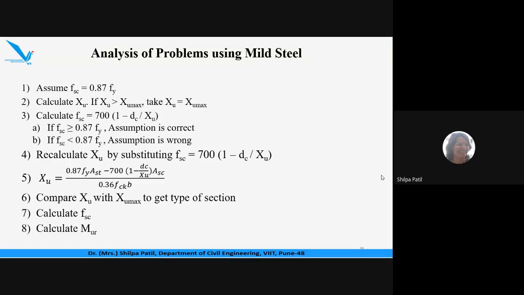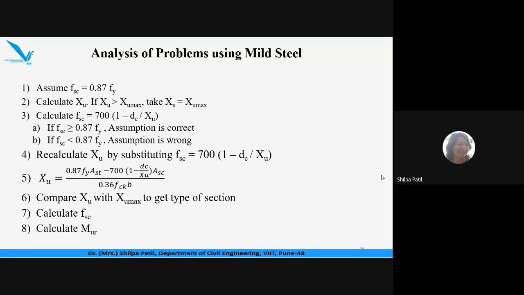For mild steel we have to follow certain steps for finding the xu value or Mur value. Similarly, for finding the moment of resistance or the depth of neutral axis for HYSD bars, the steps are different because we calculate epsilon sc and fsc in a different way. Today we will see only mild steel and solve some numerical examples, and how to analyze problems based on HYSD steel bars we will see in the next lecture.